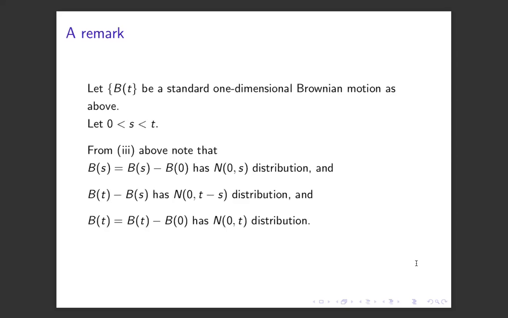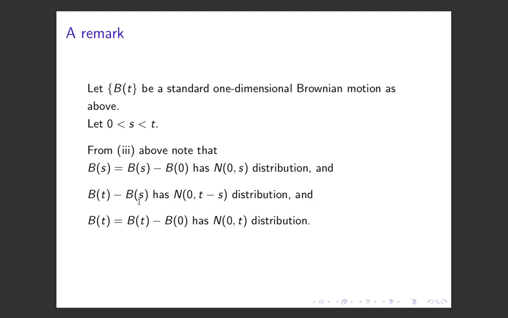So we now make one elementary remark. Suppose B is a standard one-dimensional Brownian motion. Let 0 < s < t be time points. So from our third hypothesis concerning Brownian motion, note that Bs, which is basically Bs minus B0, has a normal distribution with mean 0 and variance s.